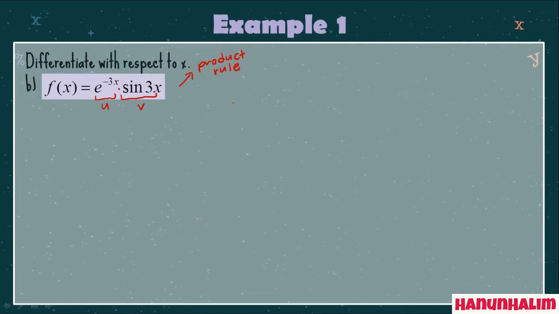Before we do the product rule, we need to write u equal to e to the power of negative 3x and v equal to sin 3x, and then we need to find u prime.